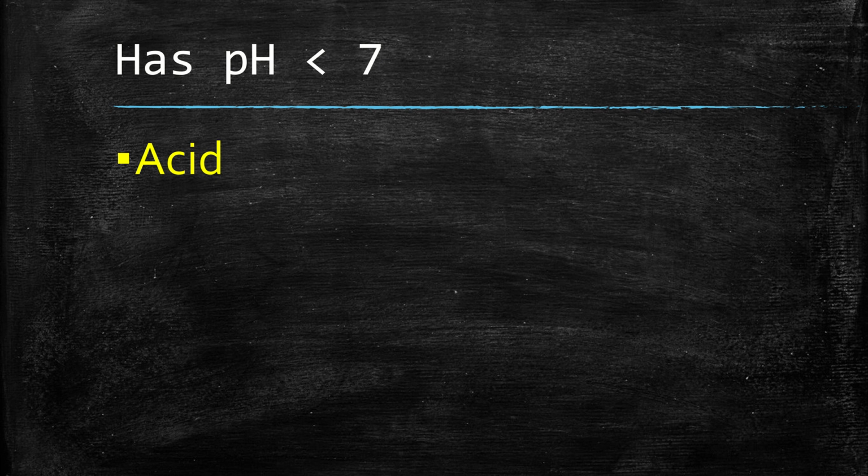But we basically say it goes from 0 to 14, and 7 is neutral. Anything less than 7 is acid, and anything greater than 7 is base.